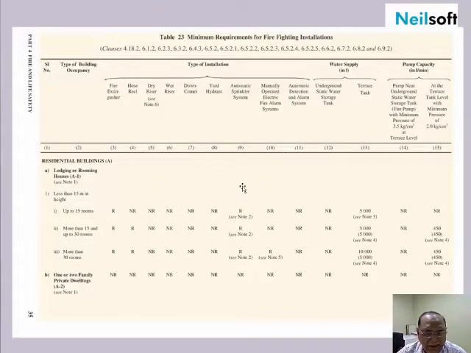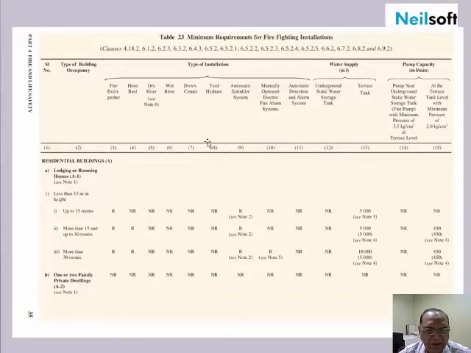Here is the printout reproduced from Table 23, which is explaining the type of fire protection systems or the requirement to protect different kinds of occupancy.